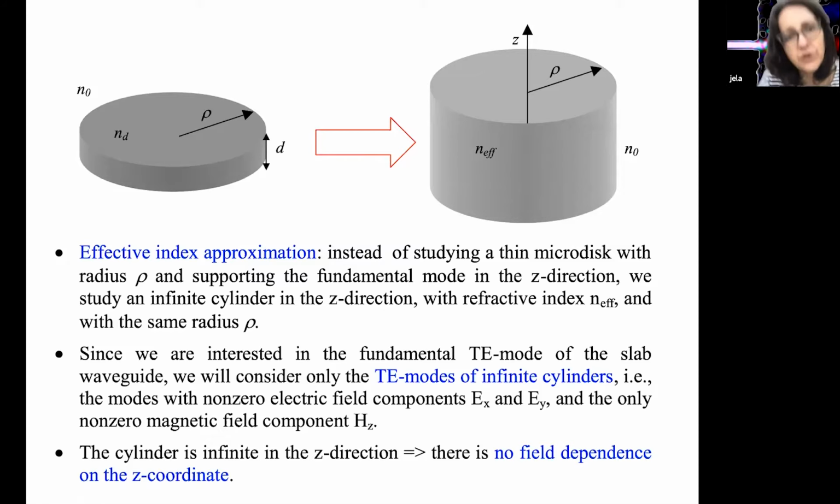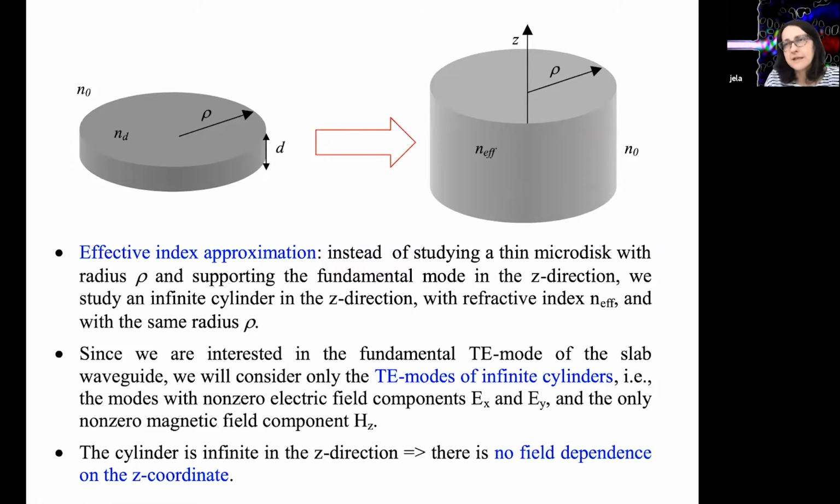And that category of modes would be used in the effective index approximation to analyze TE-like modes of this slab. TE-like is defined in the same way as we defined it for photonic crystals, meaning that at the central plane, you have only TE, meaning you have E_x, E_y, and H_z. And then as you move from the central plane, you of course have all of the field components, but the dominant ones are for the TE modes.